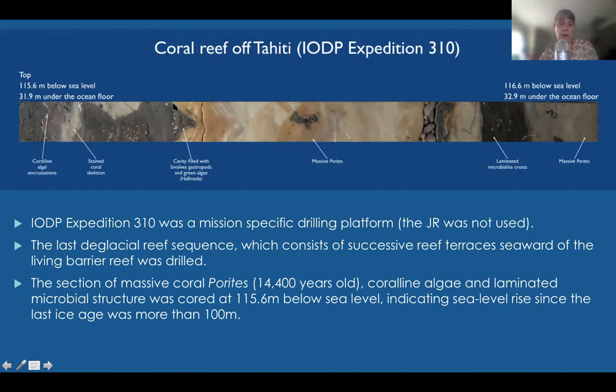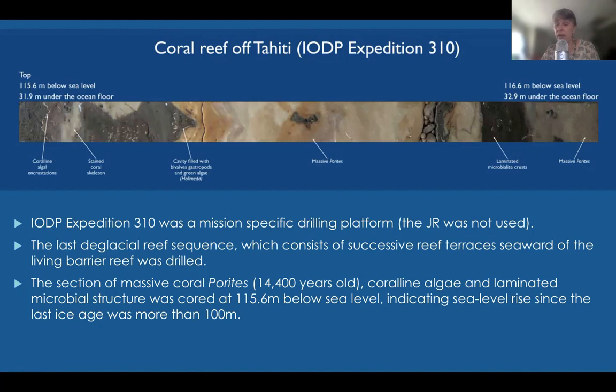Above it, you end up with a time period when the coral was not very happy. And so you start getting algae growing on it and gastropods, and then it dies. And then you start getting mud on top of that. And this is where sea level was 14,500 years ago.